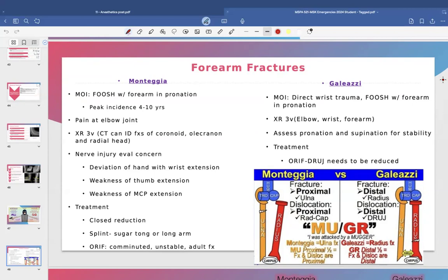So with your Monteggia, your fracture is proximal ulna. The dislocation would be from the proximal radial head. For your Galeazzi, it's gonna be a distal radius with a dislocation. Distal.